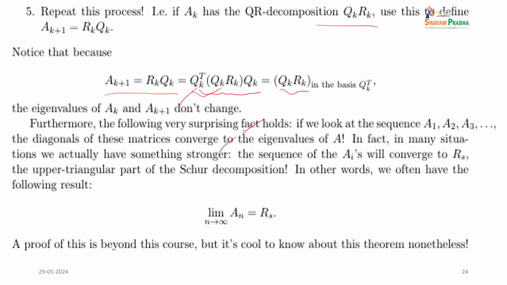So, the sequence of A_i's will converge to R_S, the upper triangular part of the Schur decomposition; in other words, the limit of A_n is R_S. The proof is beyond this course. Nonetheless, it is cool to know the theorem.